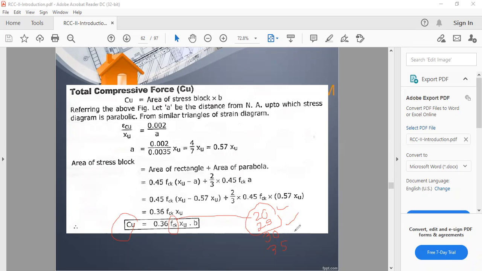And Xu, the value of Xu, what is it? That we will see. And the width of the concrete section. If you have a rectangular section, this is going to be the width of the concrete section.